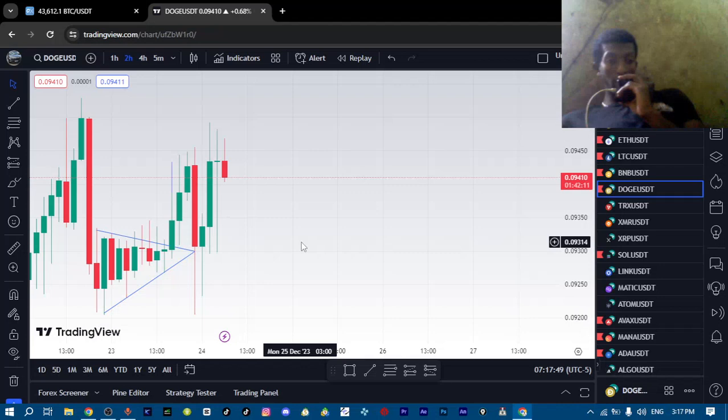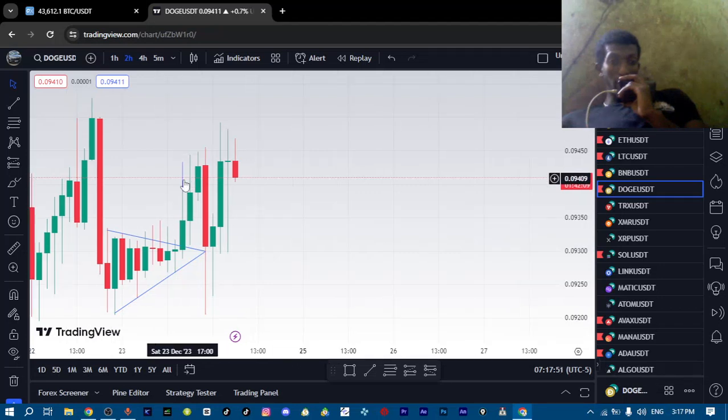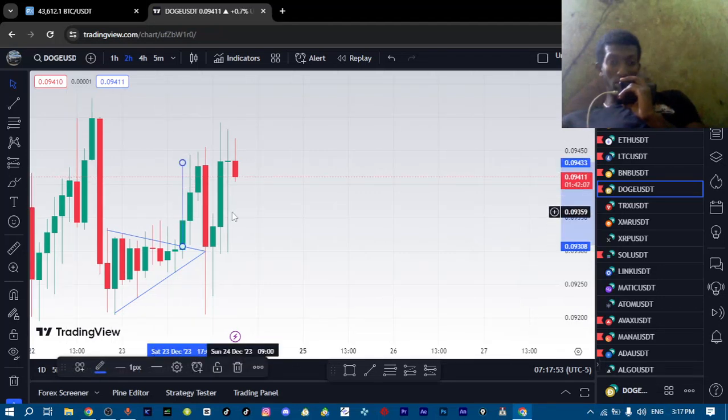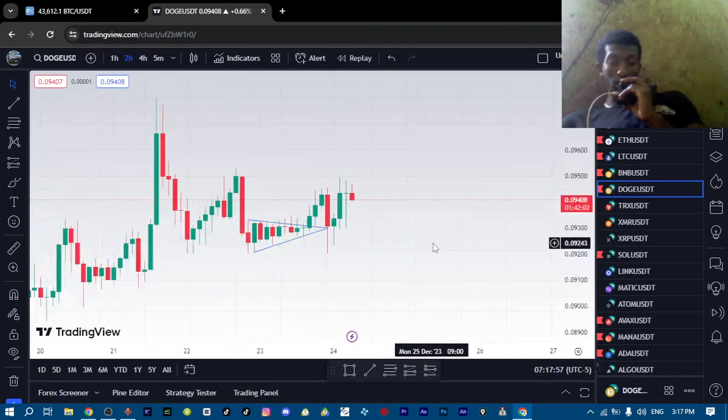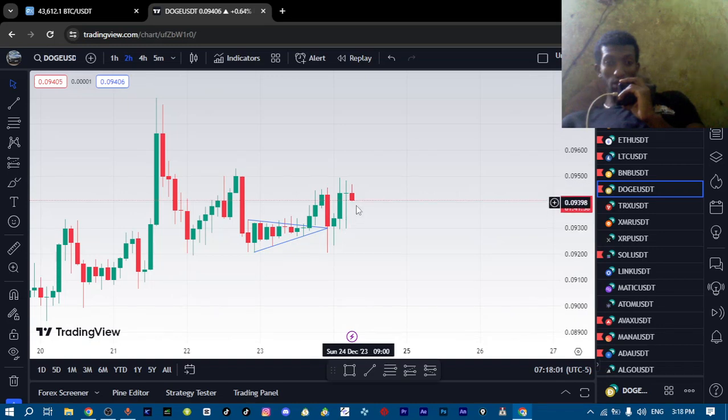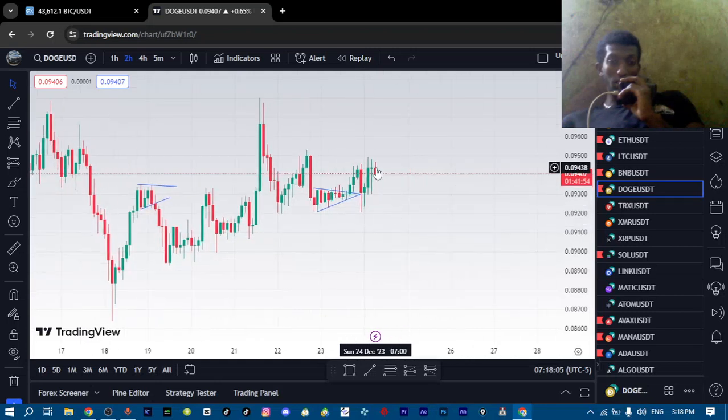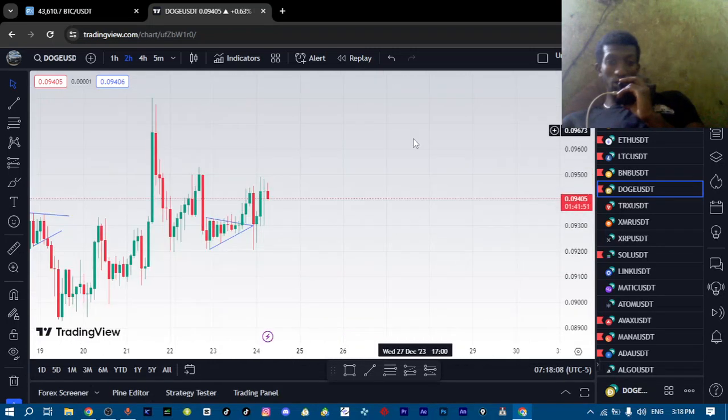And this was another great trade that you could have capitalized on. In here there is no consolidation, so we will leave this, so there is no trade.